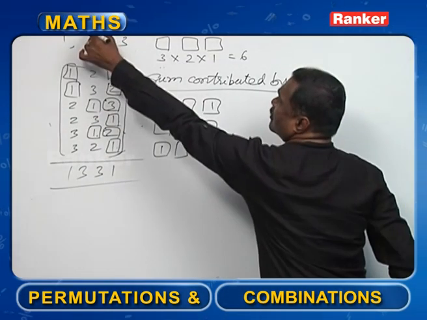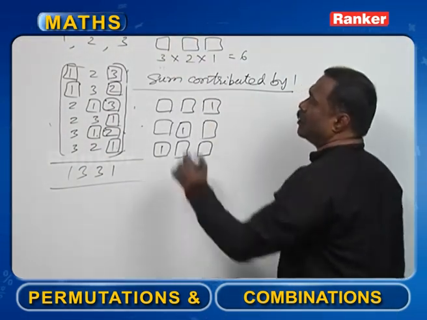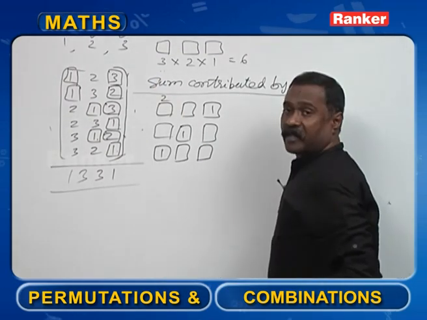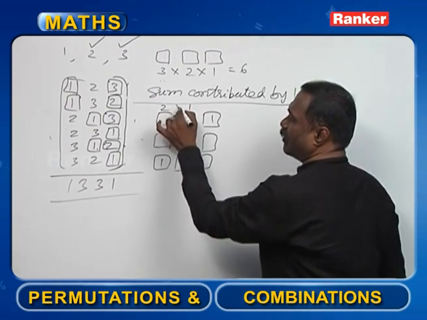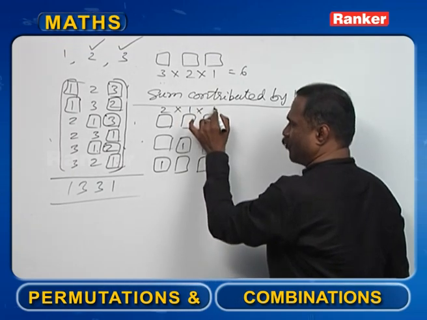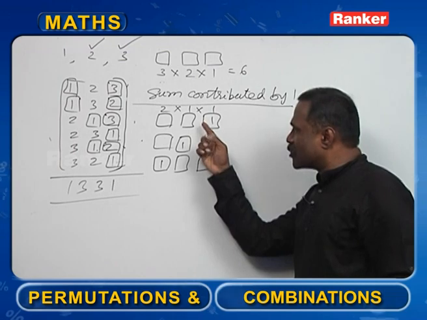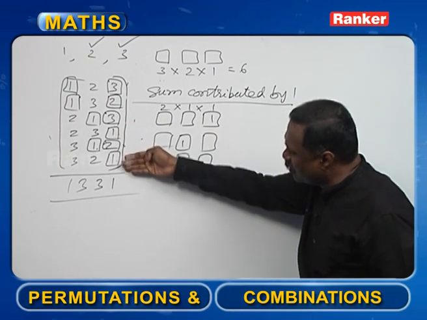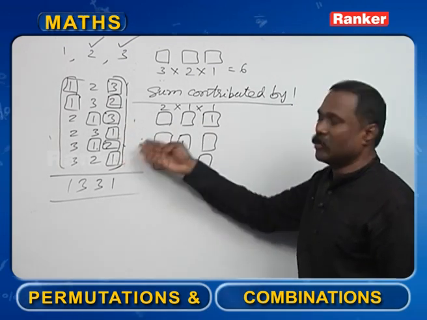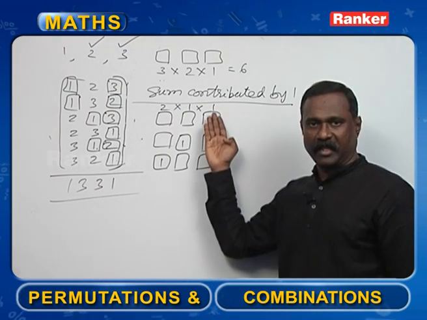So, how many digits are remaining here? 2 digits are remaining. So, these 2 digits can be filled in 2 different ways. Here it can be filled in 1 way. So, it is 2 into 1. That is 2 numbers will contain 1 in 1's place. It's clear: 231, 321. We are applying the principle of counting here.